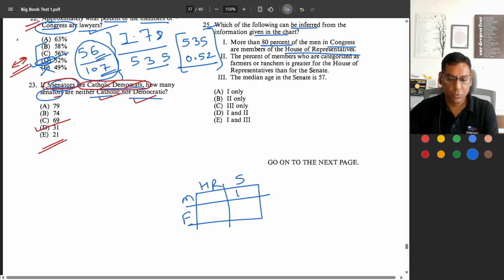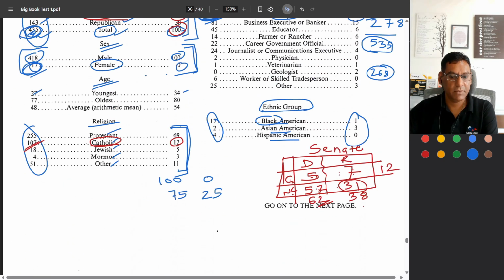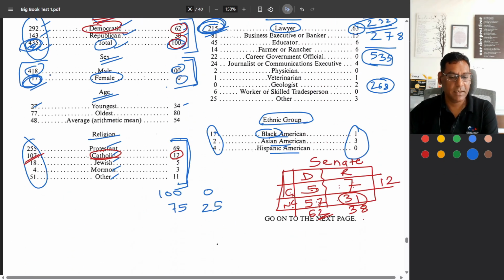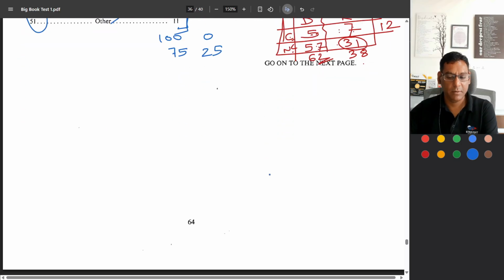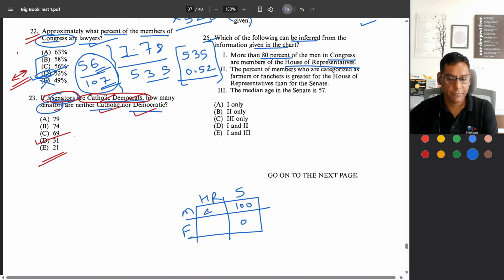Okay, so we know that there are 100 and 0 here, correct? This is given. I'm just drawing this in a table format. 418, 17. Total males 518, total females 17, and the whole total is 535.